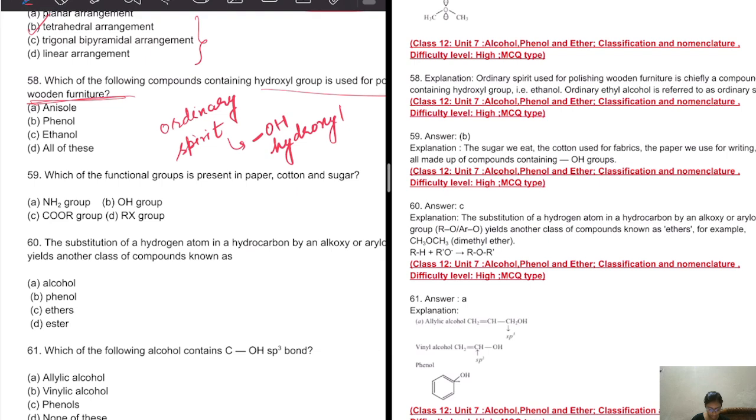That is ethanol. Okay. That we can say is ethyl alcohol also. So the ordinary ethyl, not diethyl alcohol, it's ethyl alcohol. So ordinary ethyl alcohol is referred to as ordinary spirit. So the correct answer would be C.